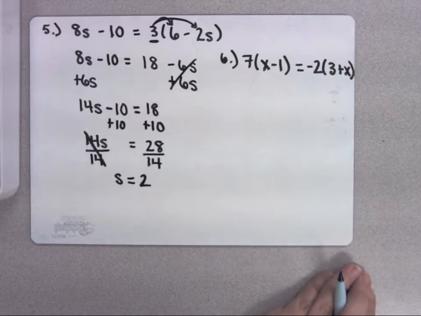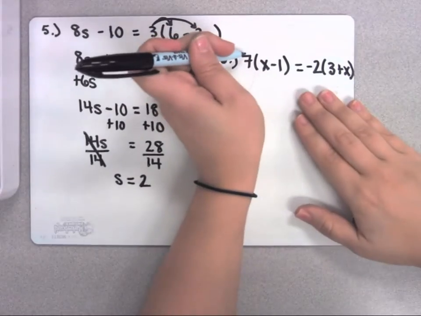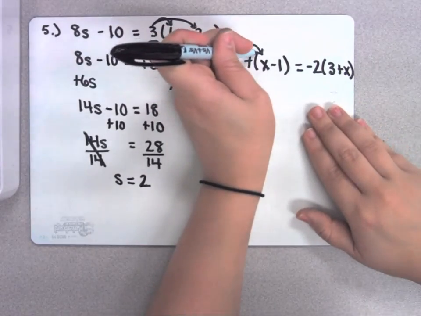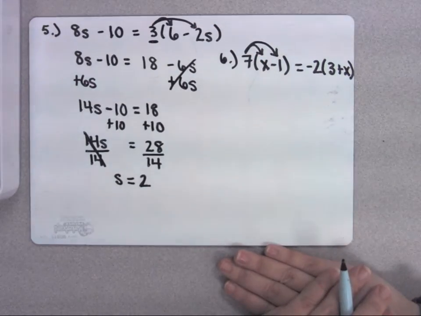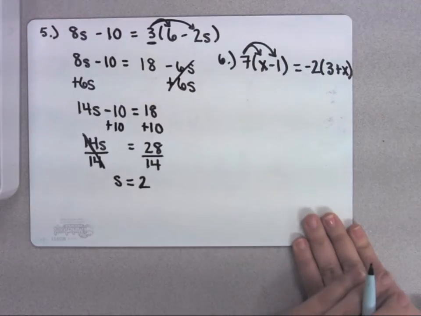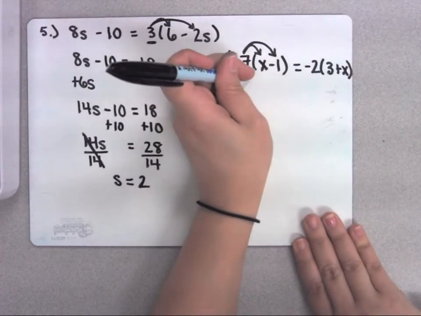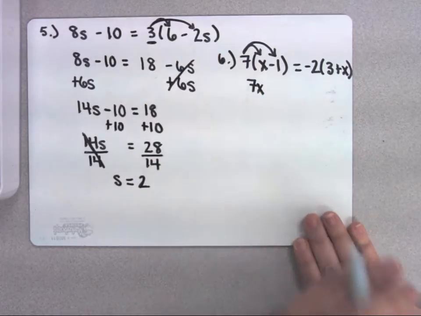What's different about this problem? There's 2 sets of parentheses, so you have to distribute twice. So do one side at a time. Take the 7 and multiply it by the numbers. So what number is actually in front of x if we don't see it? 1. So what's 7 times 1? 7, and then it has an x, so we keep the x.